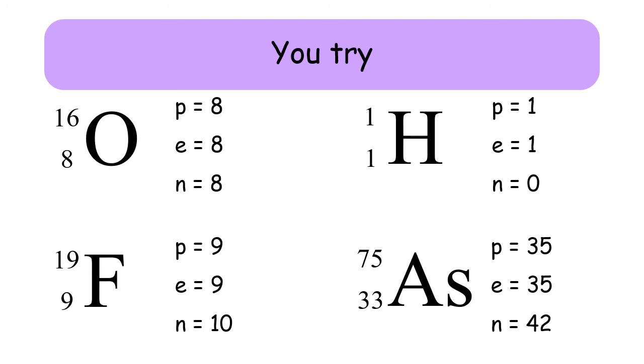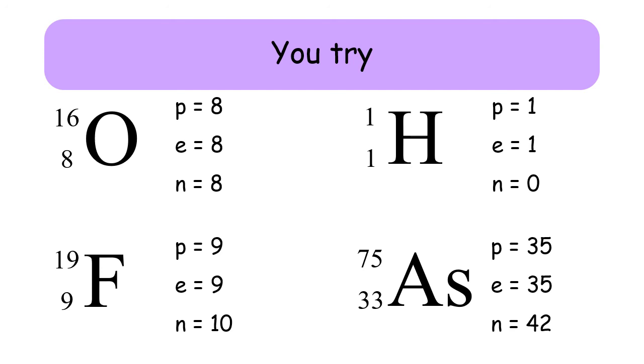Now it has an atomic number equal to 1. So immediately we know that the number of protons and the number of electrons are equal to 1. To work out the number of neutrons, it is the mass number, so the top number, minus the atomic number, the bottom number. So it's going to be 1 minus 1, which gives us 0 neutrons. And hydrogen is odd in that it's the only element that has no neutrons.